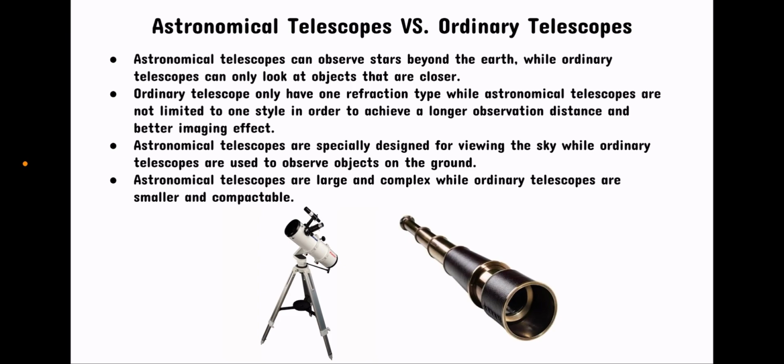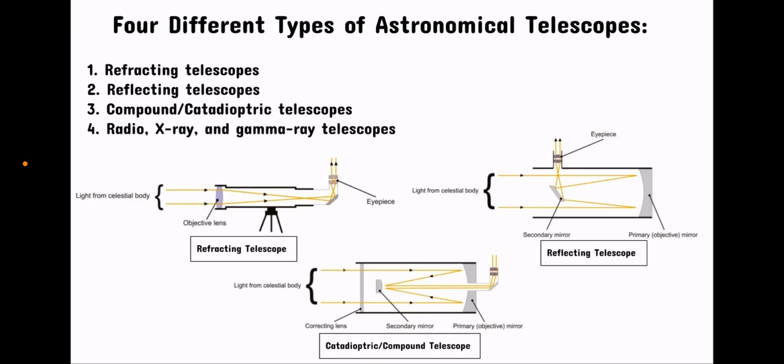Astronomical telescopes are specifically designed for viewing the sky, while ordinary telescopes are designed primarily to look at things on the ground. Astronomical telescopes are large and complex, while ordinary telescopes are smaller and more compact.